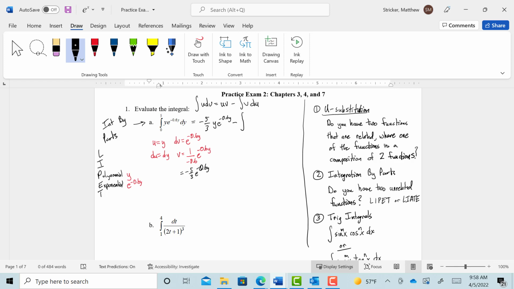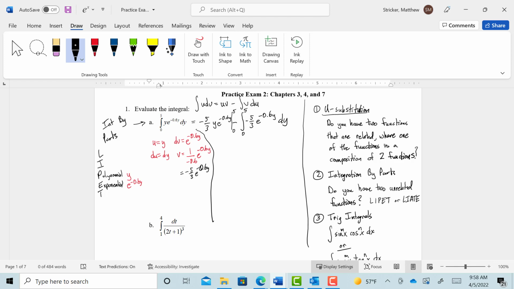So minus a negative 5/3 e to the minus 0.6y dy. Both of these have to be evaluated from 0 to 5, right? Because we have a definite integral.